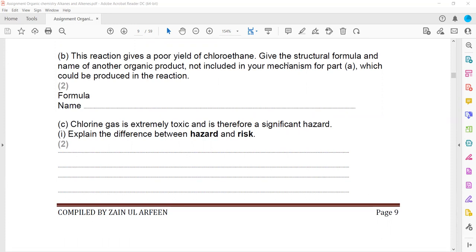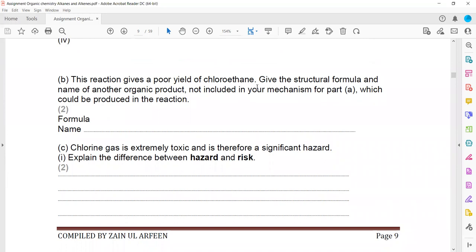Give the structural formula and name of another product not included in your mechanism which could be produced. Maybe instead of producing chloroethane, it might produce dichloro or trichloro. It might produce any of the other products, because when this reaction occurs, it can have multiple substitution, like we did for one only.